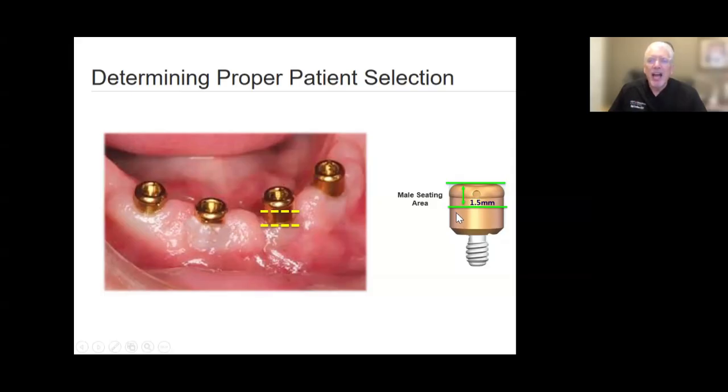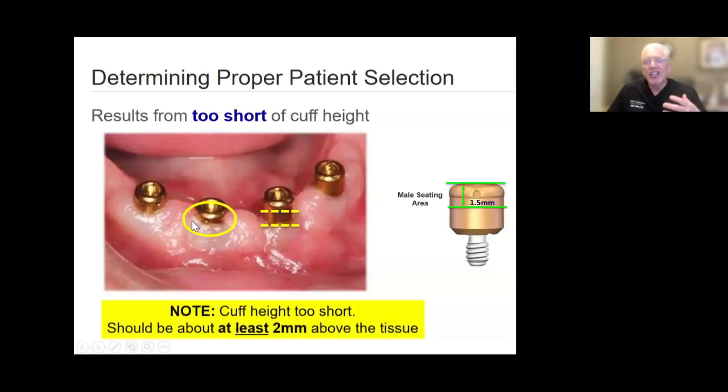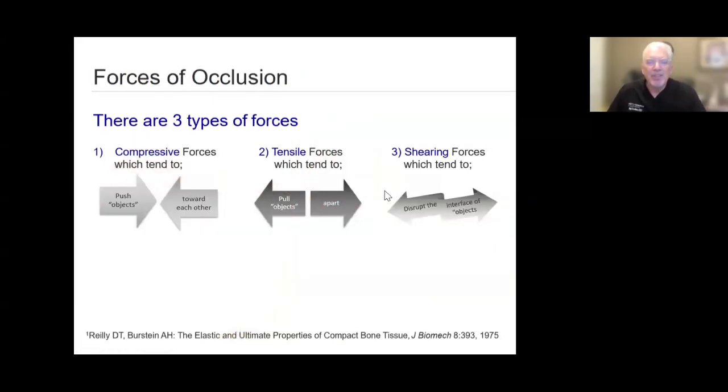Below that is where you need to have some height. If you don't get a tall enough abutment, you can have tissue invagination, and it's very challenging for a patient to clean this. It can cause more sores. So you need to have the proper height of abutment. Ideally, we're looking for about a 2 millimeter cuff height above the tissue.